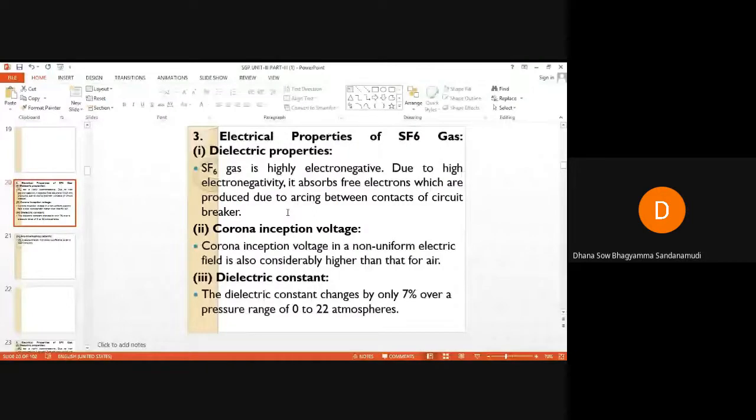Because of the absorption of free electrons and the low mobility of these ions, SF6 has an excellent dielectric property, and the dielectric strength of SF6 gas is 2.5 times more than that of air.